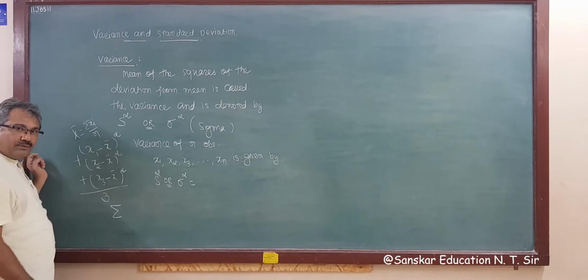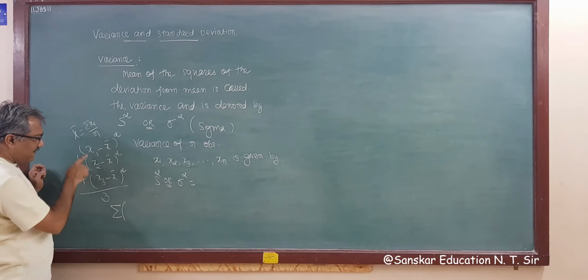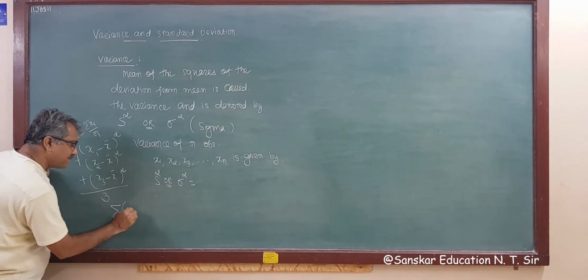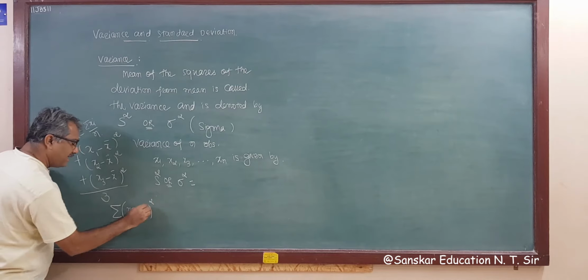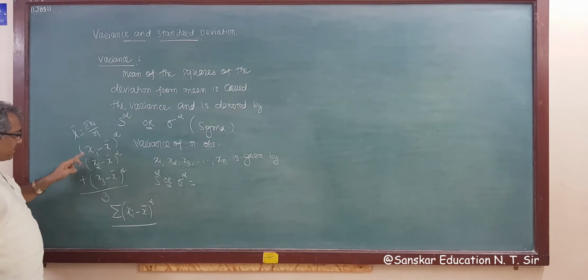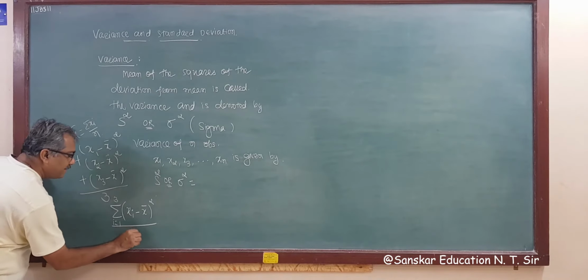Suppose x1, x2, x3 are variable, and x bar is fixed. So I can write sigma of xi minus x bar whole square upon the total number of observations, with i running from 1 to 3, divided by 3.